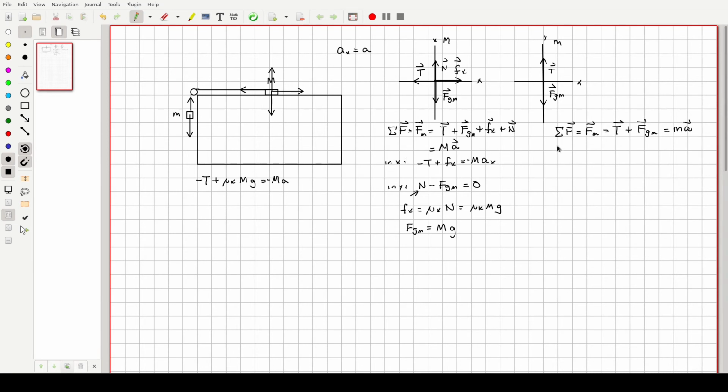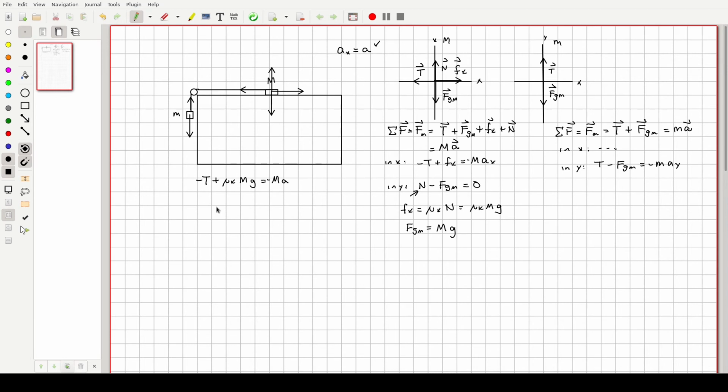Now, in the X direction, nothing interesting is going on. But in the Y direction, what you have is a tension pointing up. You have a weight pointing down, and that's going to cause little m to experience acceleration downwards in the Y direction. Again, we want to make the magnitudes be the same, so we're going to call them both A.